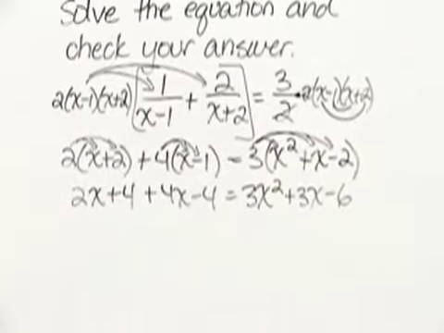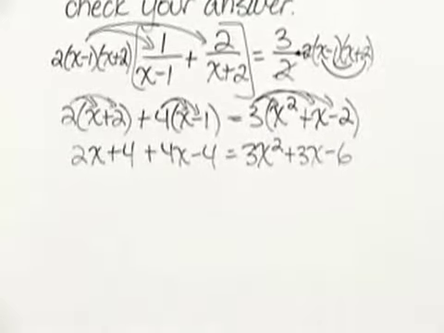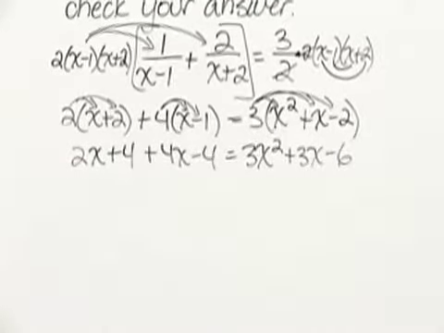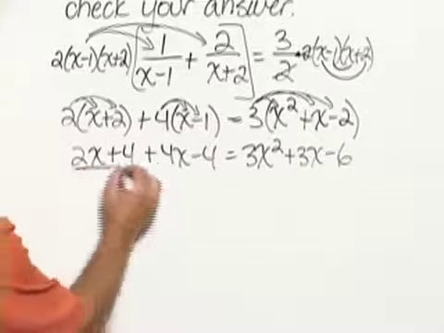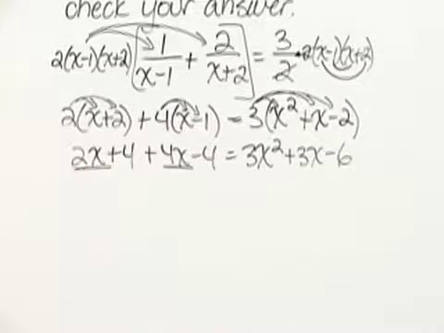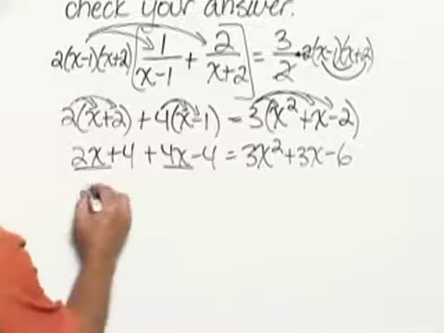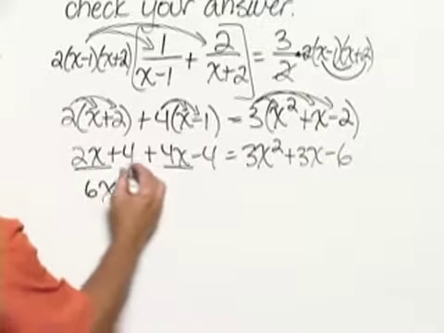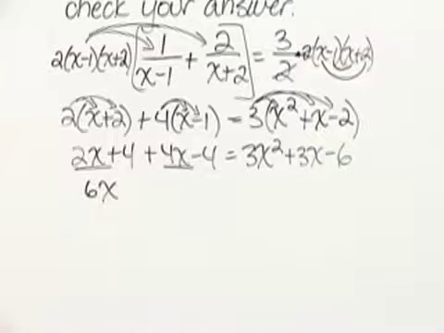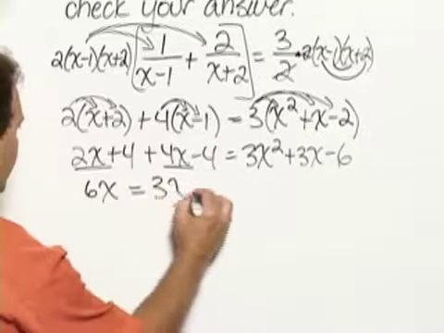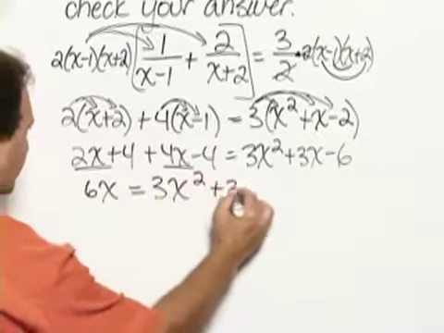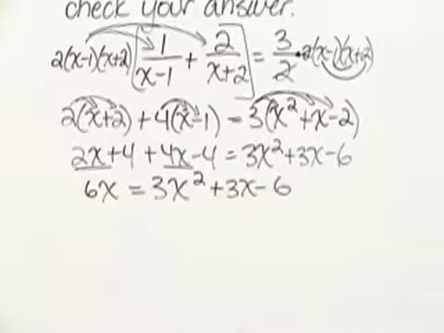Now we can combine all the terms onto one side and leave 0 on the other side. Before I do that, let's combine and simplify on the left-hand side. 2x plus 4x is 6x. 4 minus 4 is 0, so we have 6x equals 3x squared plus 3x minus 6.